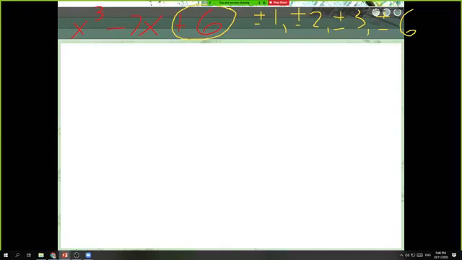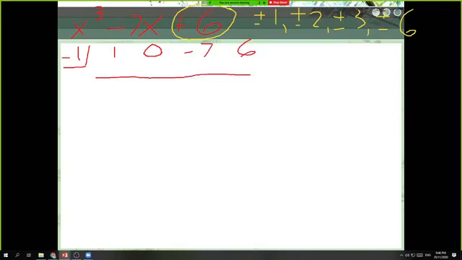So, let's do synthetic now. So, I'm going to have negative 1 over here. Okay? Now, the coefficients are 1, 0 for x squared. Since x squared is missing, you need to write 0 there. Negative 7 and 6. Now, let's do synthetic here.